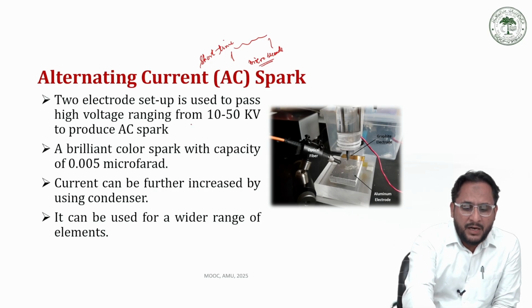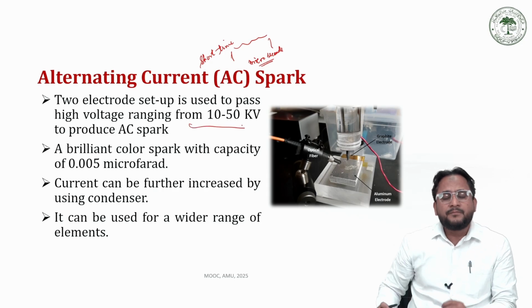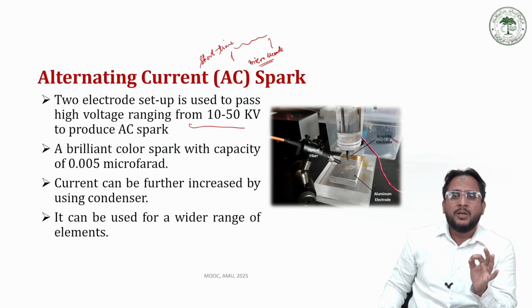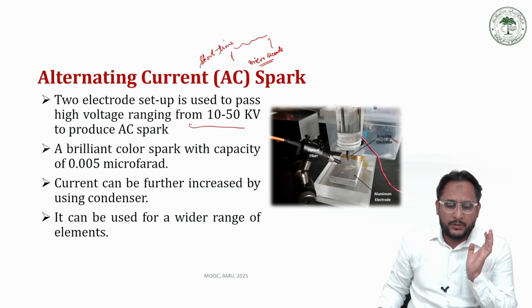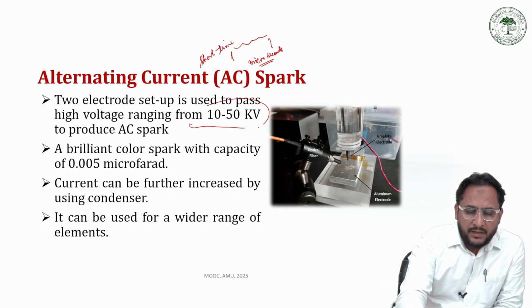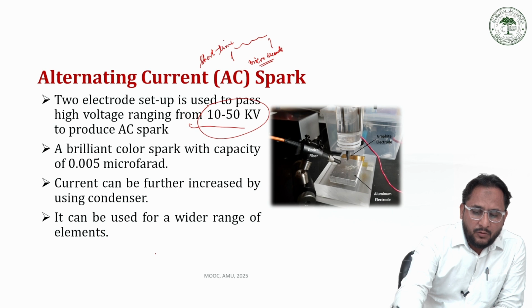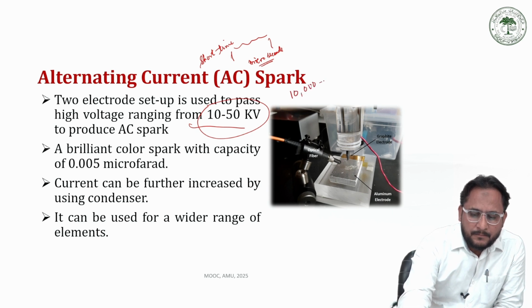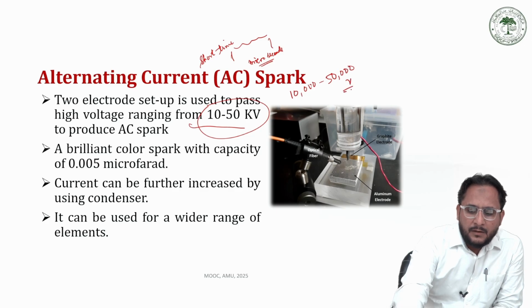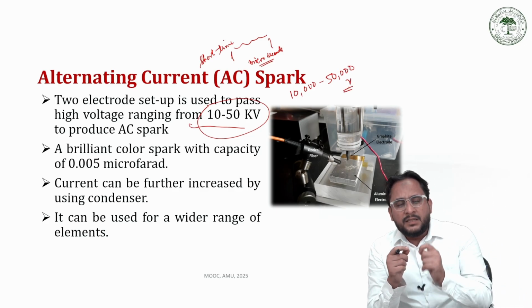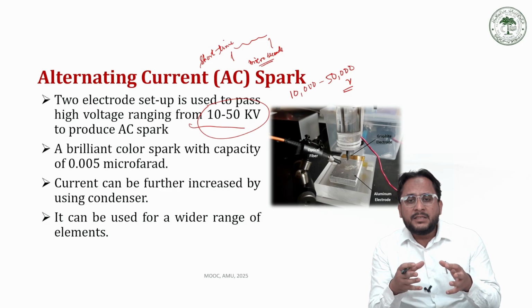And for that, we use an AC spark of 10 to 50 kilovolts, which is a very high voltage. 10 to 50 kilovolts means 10,000 to 50,000 volts. An AC spark is generally created with the help of a capacitor, which is a device to store energy.